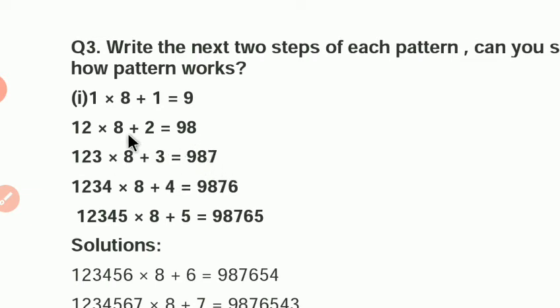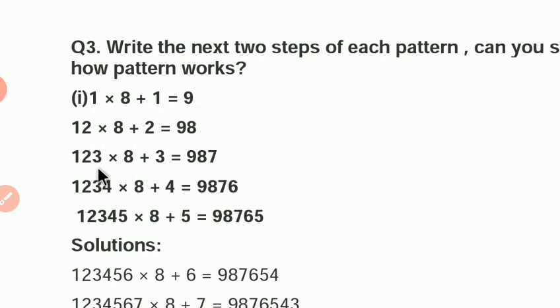You can see the difference here, that here 1 is given on both sides and only a single digit is given. Here we increase by 1, then here 2, then we have to replace 1 by 2 and here the number goes on decreasing. Here also 2 digits will come. Then here 123, it means on the left side the number goes on increasing and on the right side the number is decreasing 1 by 1.